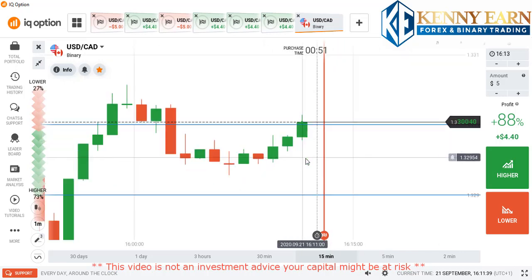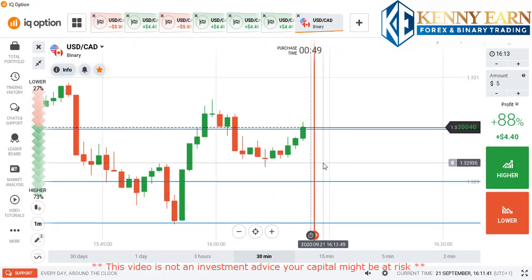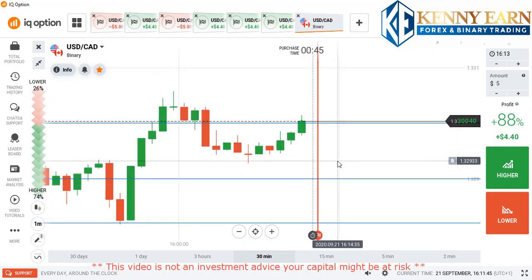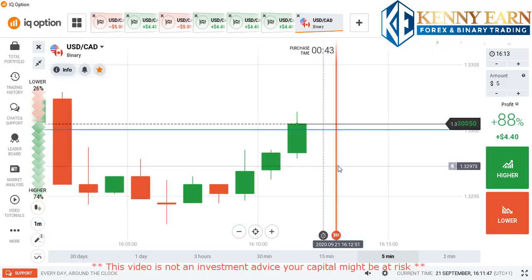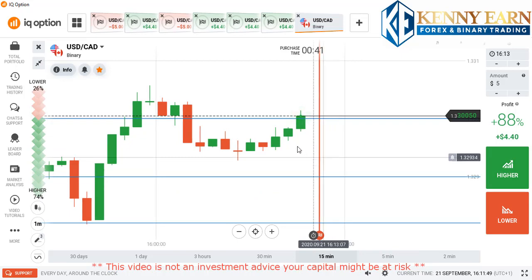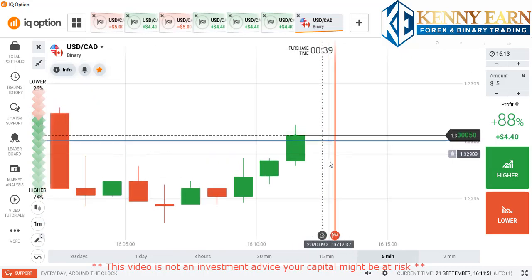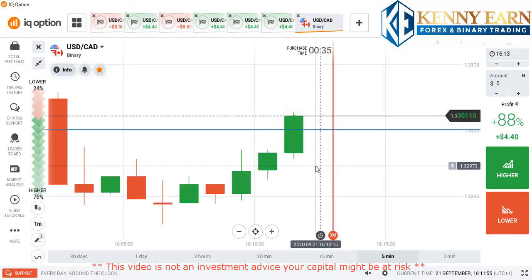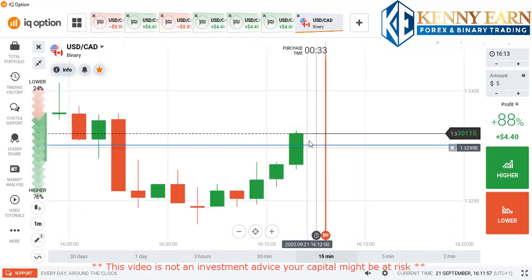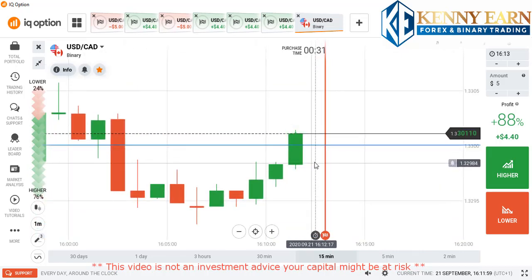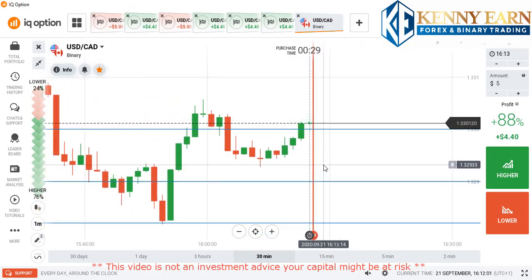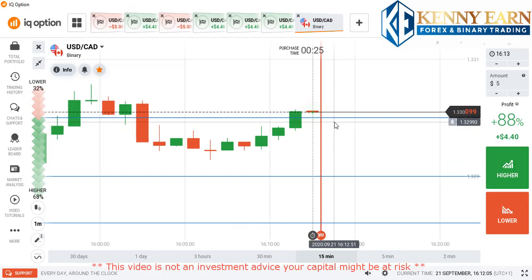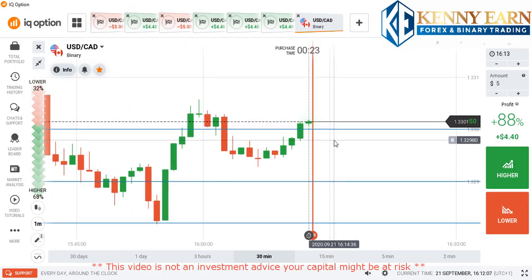You can see the rejections on that round number. Okay, I think the market has retested that level enough. So hopefully it should be coming down from that round number. But it's best to place our trade with some good marginal safety.